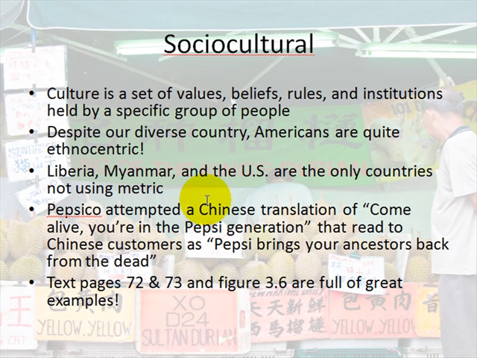Culture basically is a set of values, beliefs, rules, and institutions held by a specific group of people. Now, despite our diverse country, Americans are quite ethnocentric. An example: I was in Thailand, visiting one of the temples in Bangkok on New Year's Day, which is a very religious time.